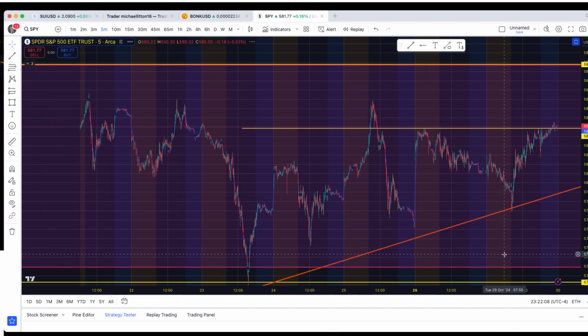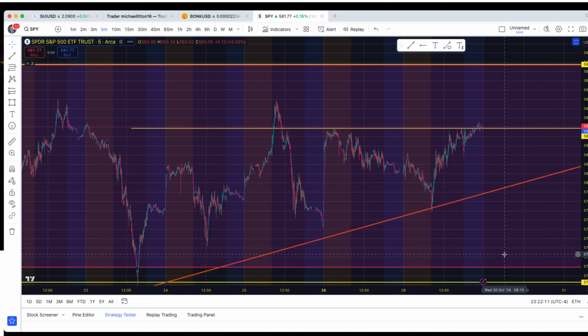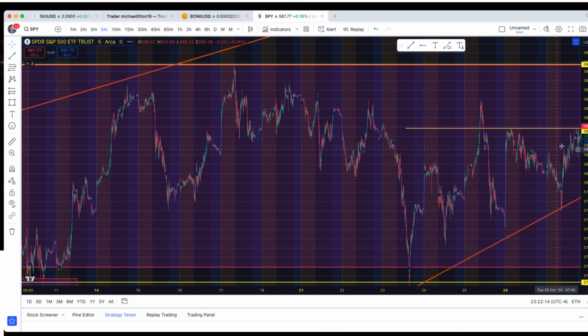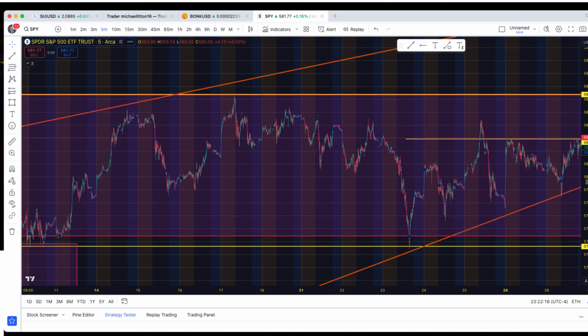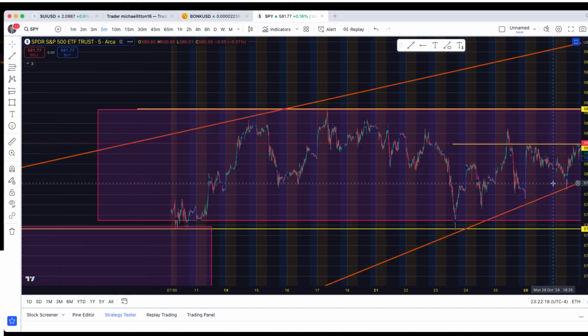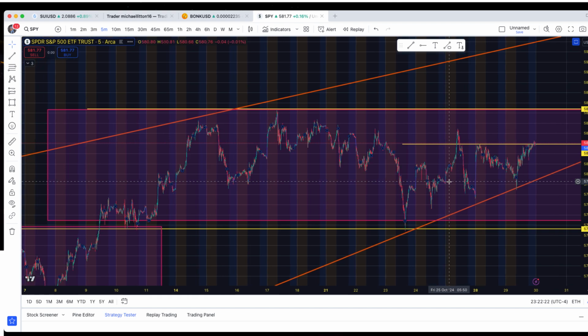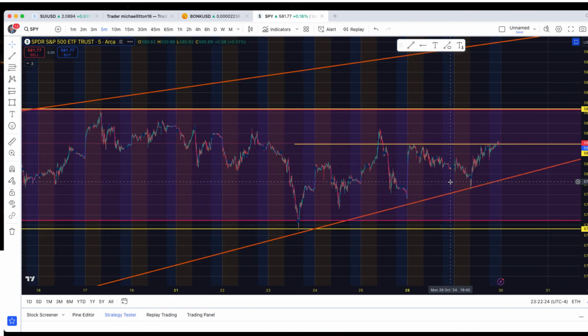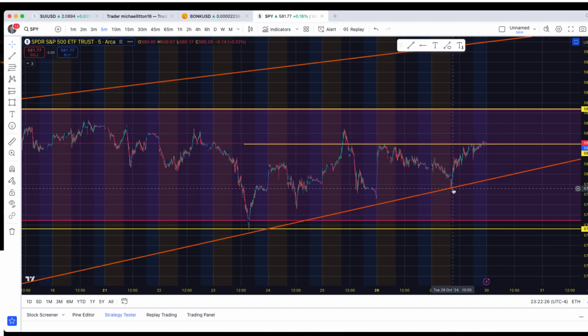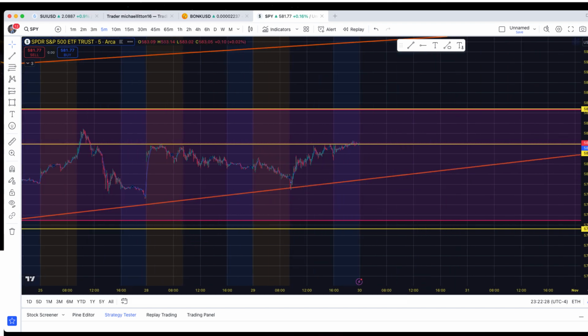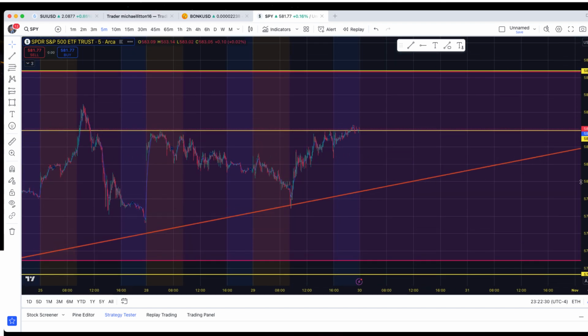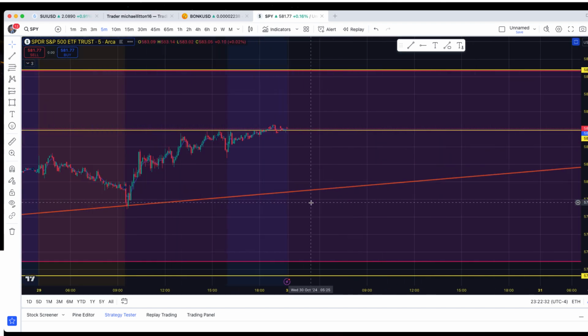Like it could have continued down, but I chose because we're still in a bullish pattern, but it's also in this range of structure that we're trading in. So I bought off the bottom trend line, and it worked all day.